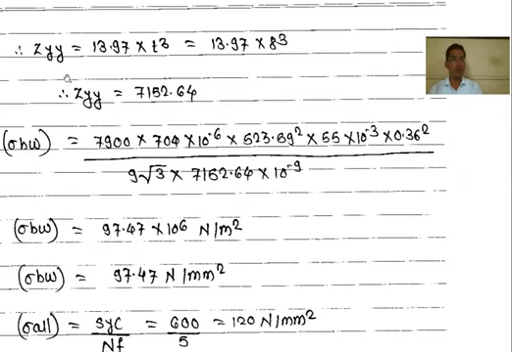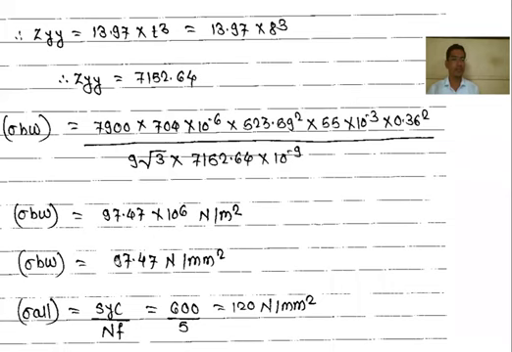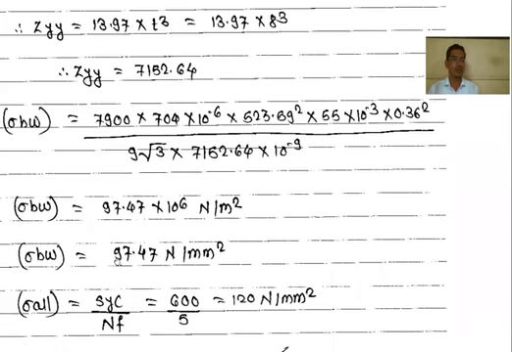So along the Z direction, along the YY direction, ZYY will be equal to 7,152.64. So you will get the stress by using the formula.